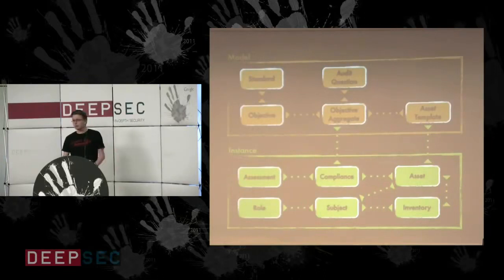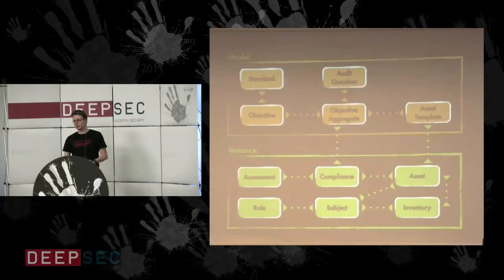Then you also map a subject and roles and stuff just to make sure that you know who's the asset owner and who has to fill out the assessment, etc. What we also have is an inventory, because we said usually a company has an asset management system in place. We don't want to remodel it here like with the German software I mentioned before.